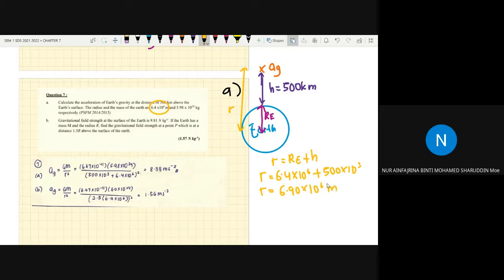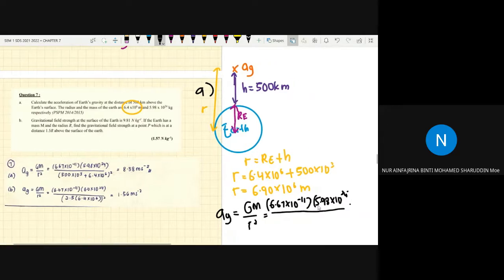Korang tekan sama betul ke Miss kira ni? Saya ingin salah kira lagi. Yep, I think it's correct. Betul. Okay, now then masukkan je lah dalam formula AG, gravitational field strength, GM over R squared, di mana G awak adalah 6.67 times 10 to the power of negative 11 and your mass of Earth is 5.98 times 10 to the power of 24 divided by R distance squared.